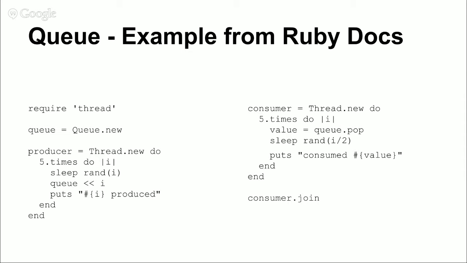The producer's running within a single thread, and it waits a random amount of time just to simulate some kind of intense computational task, and then it just pushes it on the queue. One nice thing about this is that the producer can push on the queue continuously as much as it wants to. The consumer pops values off the queue as they become available and then does this computation.